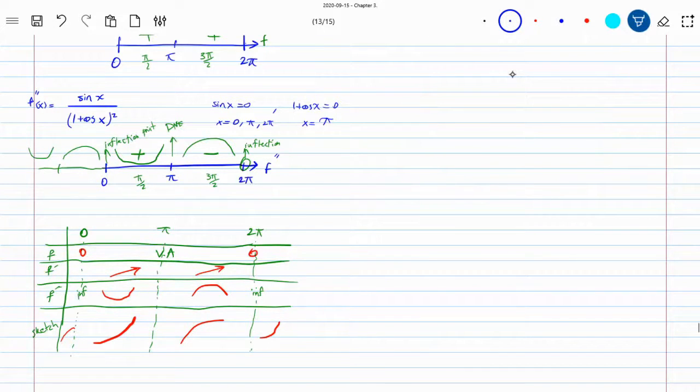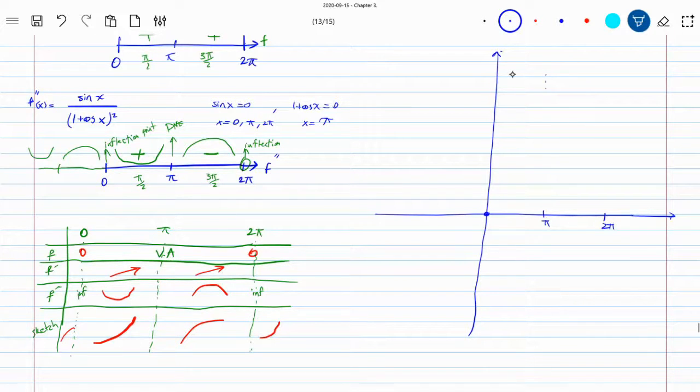Let's draw these in one graph. Okay, so how does it look? You will find 0, 0. This is one of the points. And I'll find 2 pi maybe here, and call this pi.